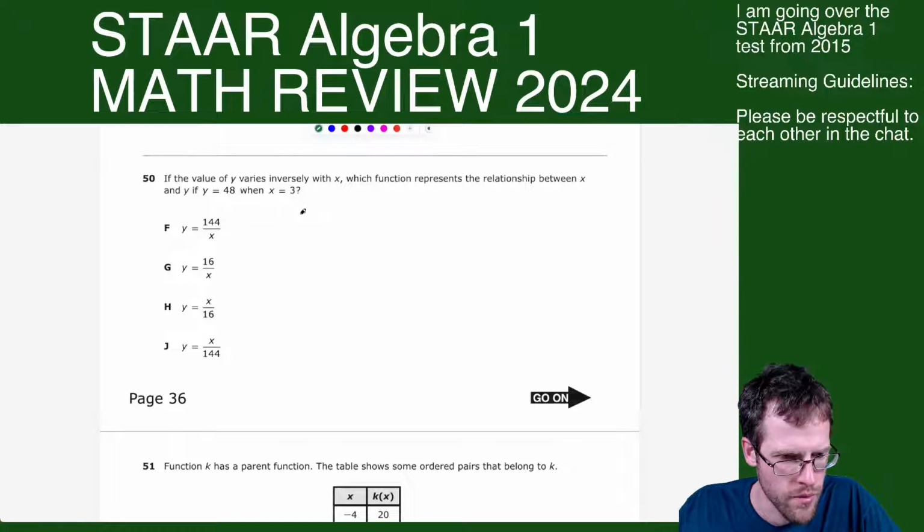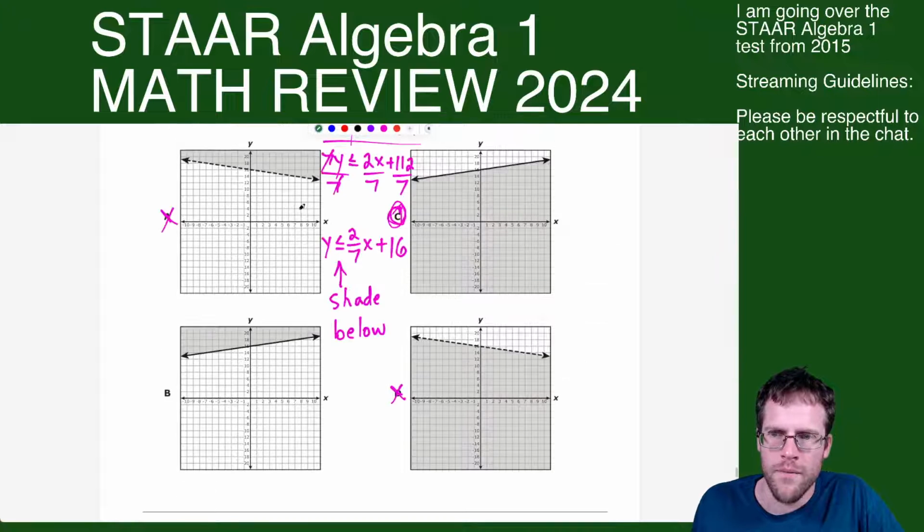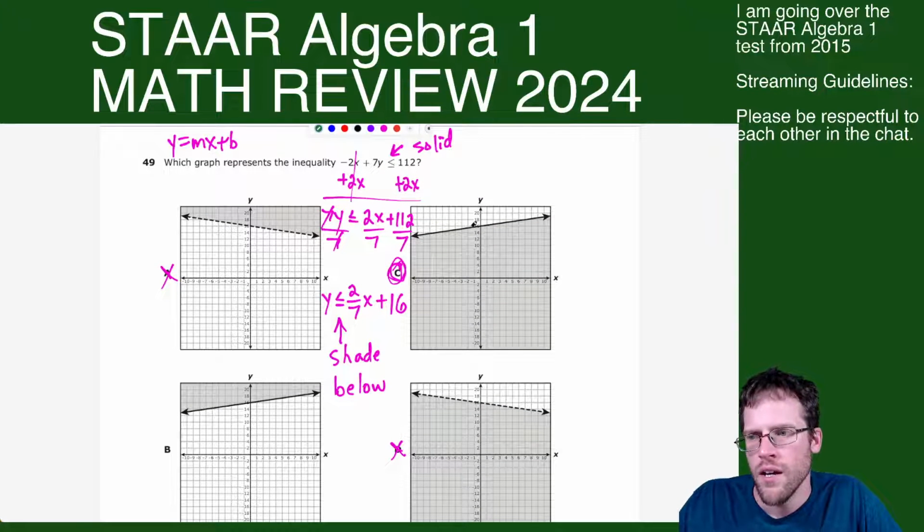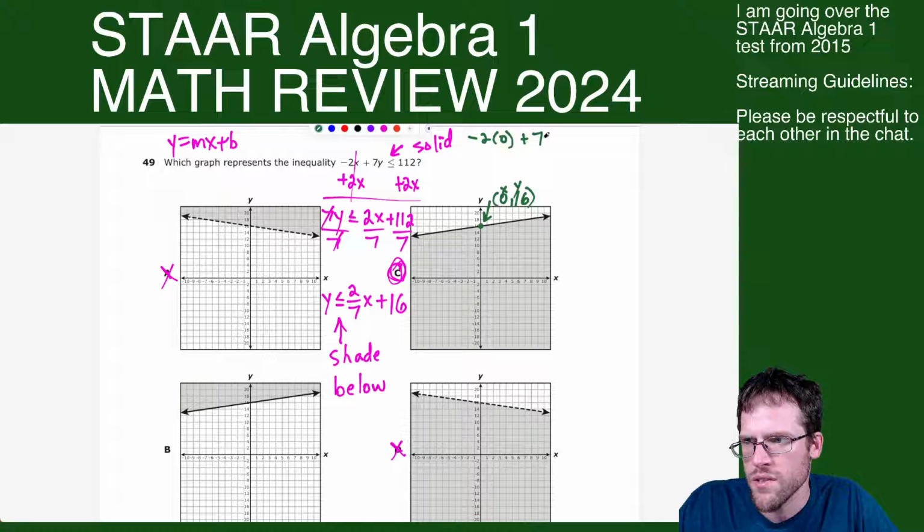What is the way to remember if it's solid or dotted? Well, less than or equal to is solid because a point on the line is a solution. Let's say I use 0, 16. If you plug in, this is your x and y, you're going to have -2 times 0 plus 7 times 16 is less than or equal to 112.